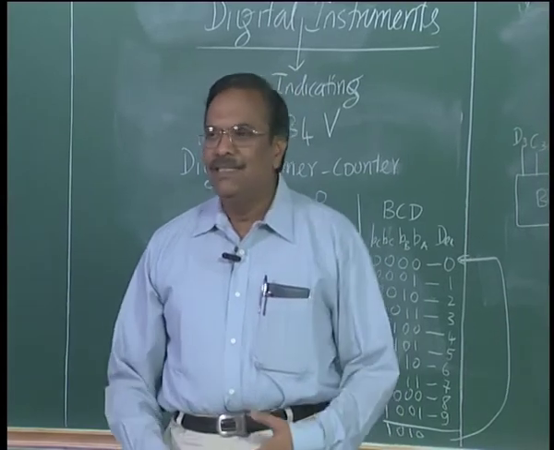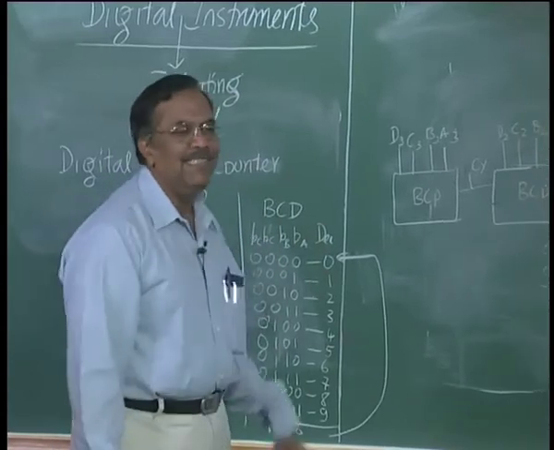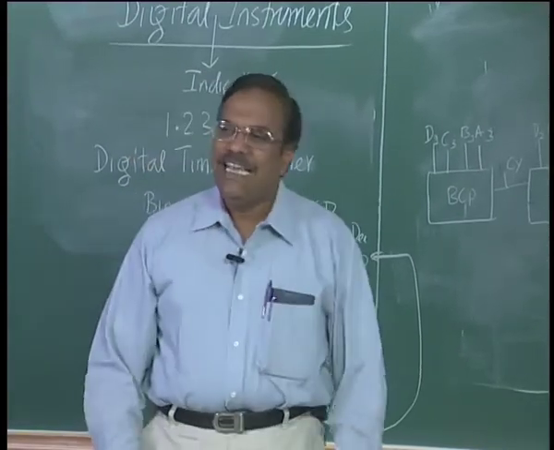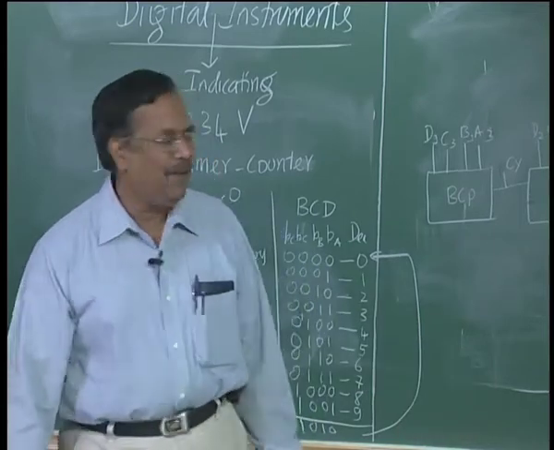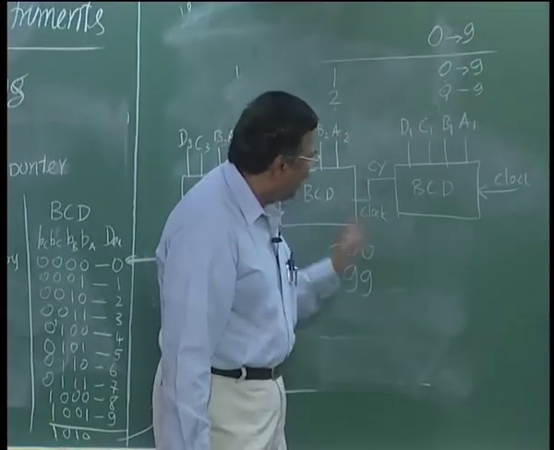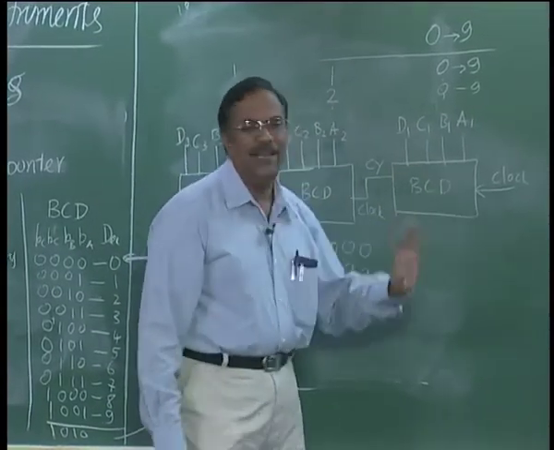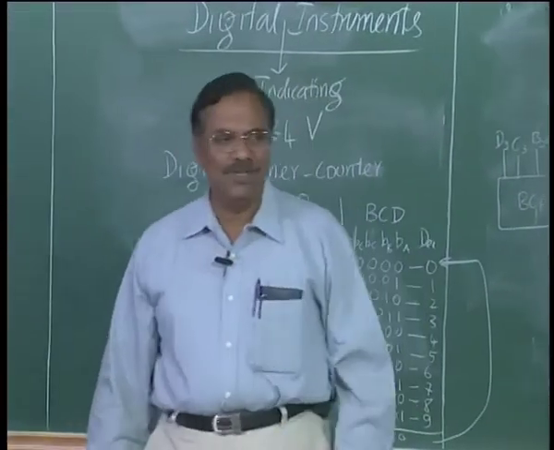If you use leading edge sensitive or rising edge sensitive, all things will change when a 0 to 1 transition occurs. If I put a trailing edge sensitive binary circuit, then the changes will occur from 1 to 0 whenever 1 to 0 goes through.